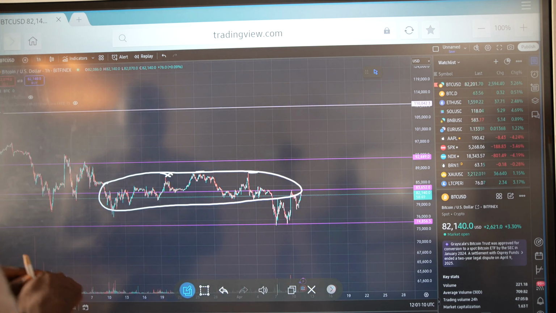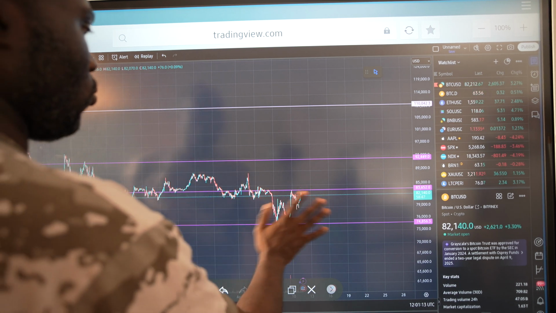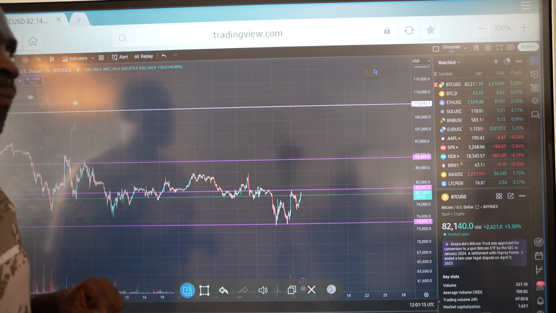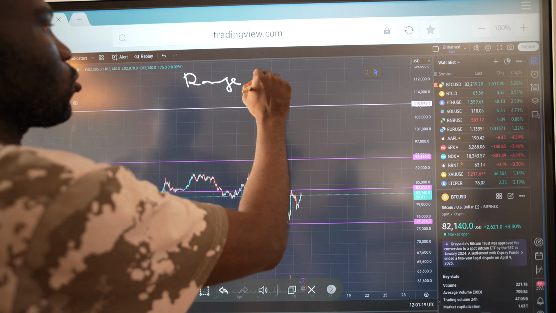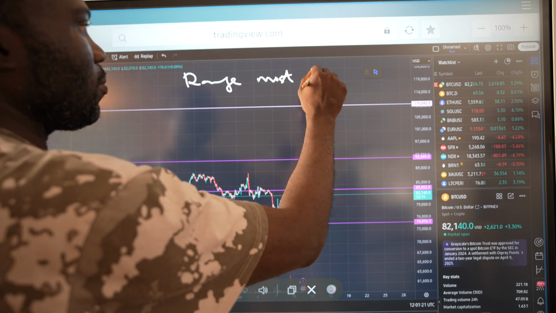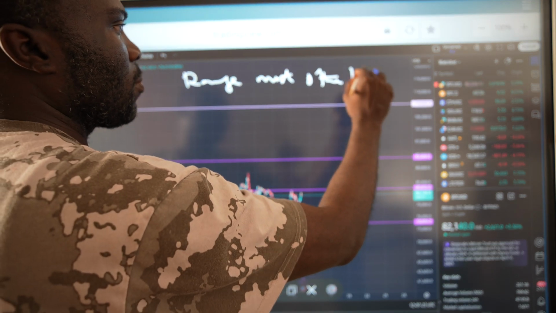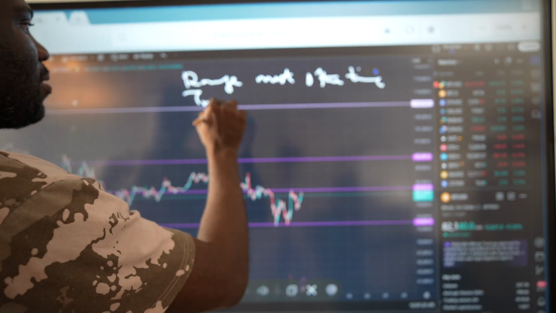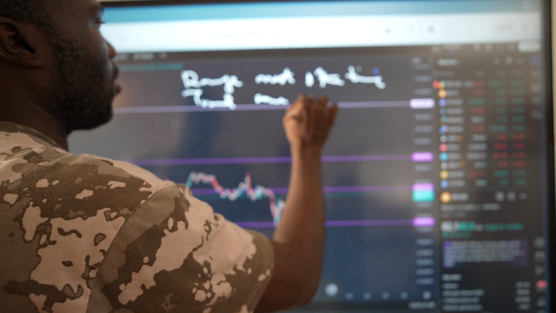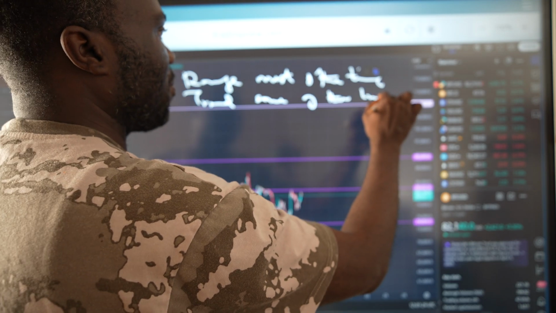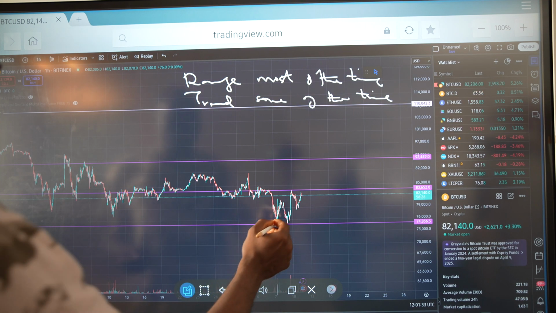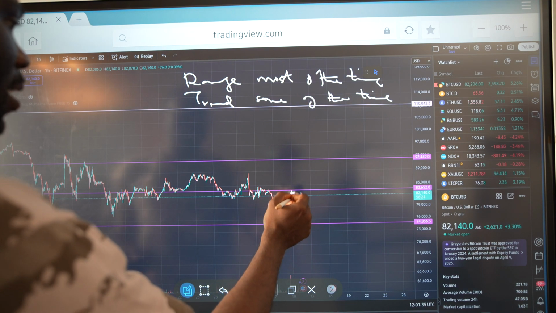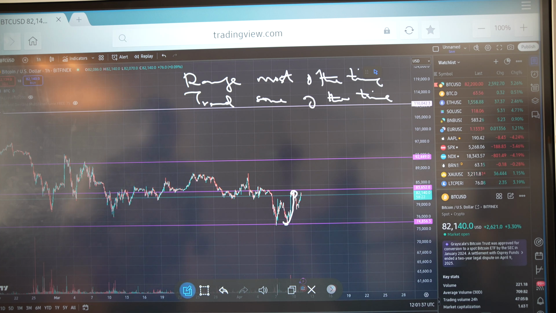part of the range. Now, remember we said in one of our previous videos that the market will range most of the time and trend some of the time. Now, what this means is, what is a trend? Like, look at this break from down here, up here. Yes, that's an impulsive move.